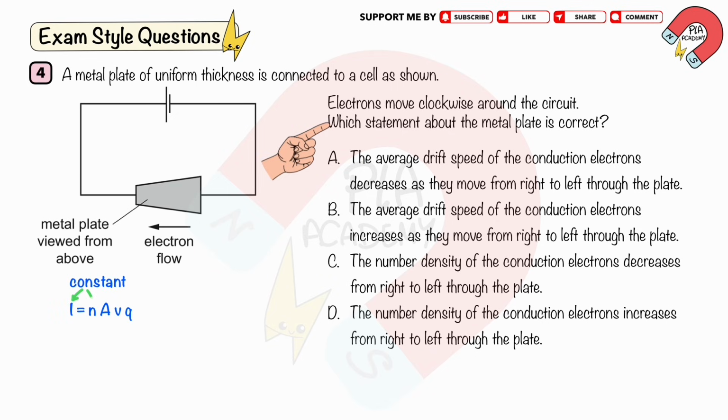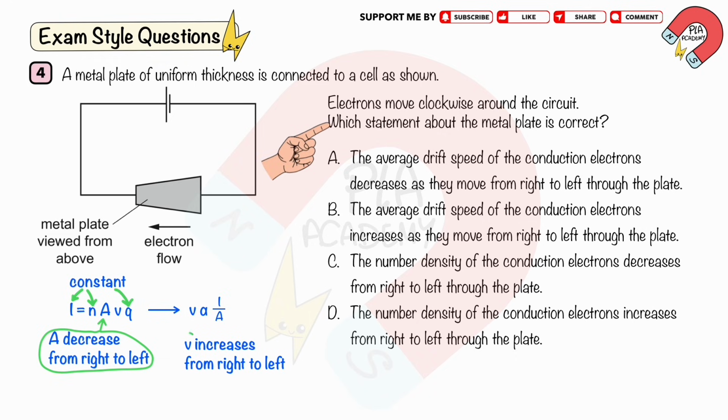The number of free electrons per unit volume n is constant through the metal plate. The elementary charge q is a constant value of 1.6 times 10 power negative 19. The cross-section area A decreases from right to left. So, v is inversely proportional to A. This causes the average drift speed of electrons to increase from right to left.